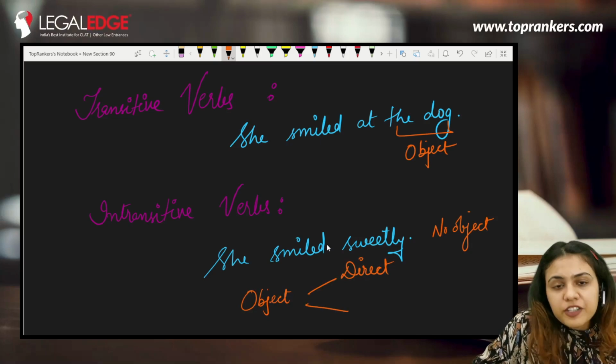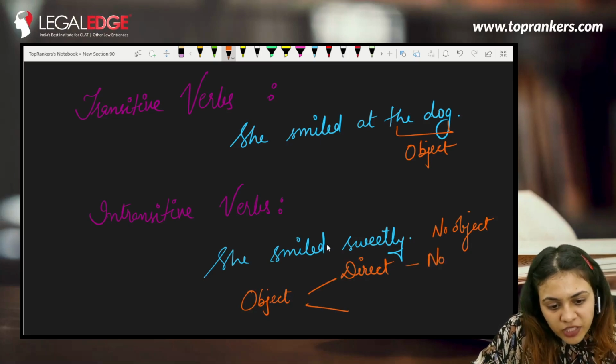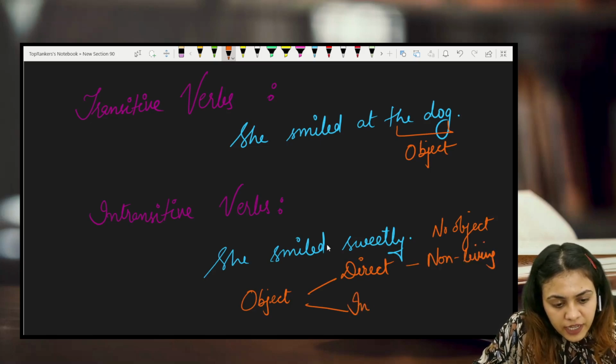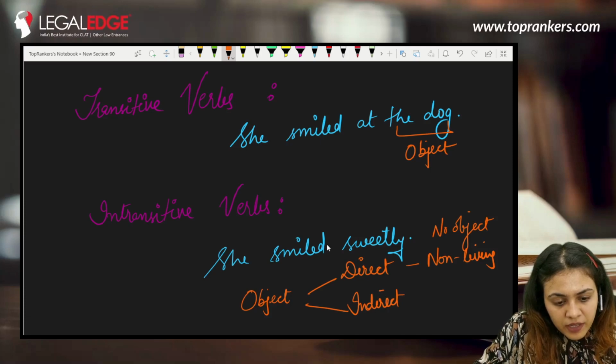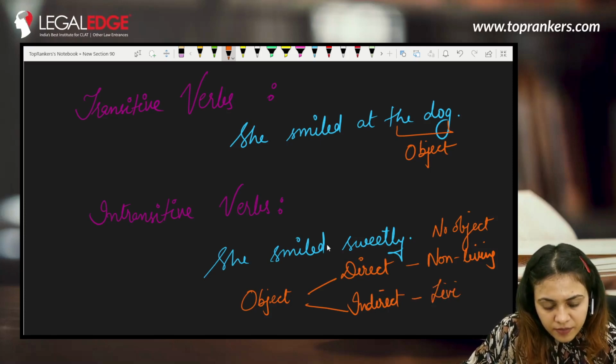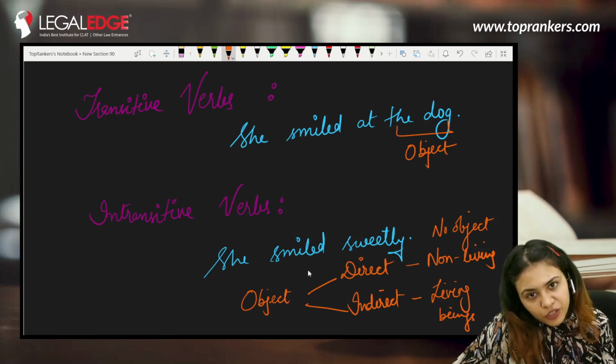See, the literal definition of object is what basically? A non-living thing. So direct objects are non-living. Whereas indirect object, people like you and me, our parents, cousins, sister, brother, living beings, those are considered as indirect objects.